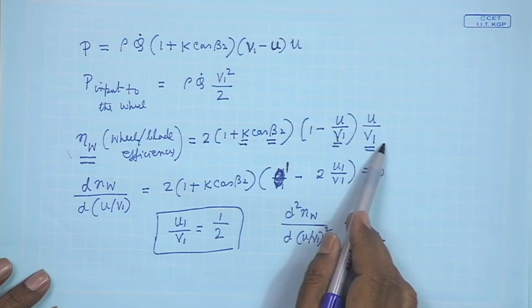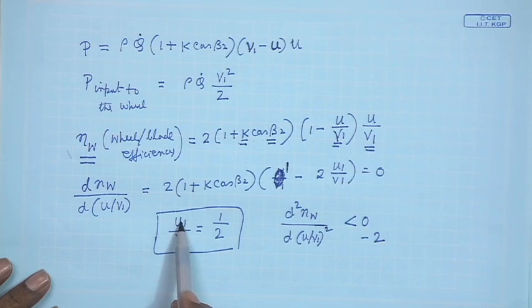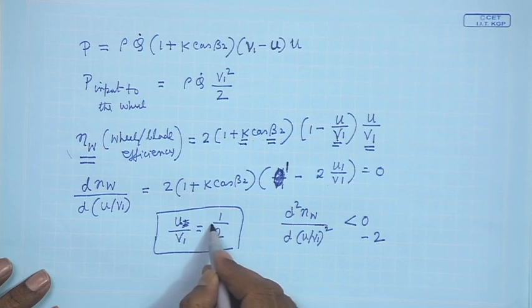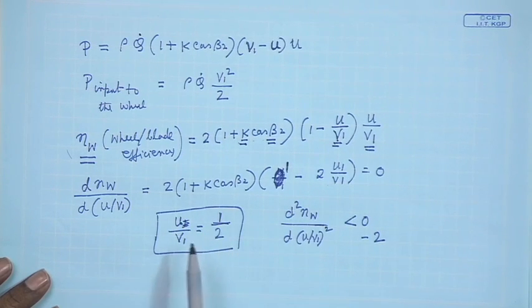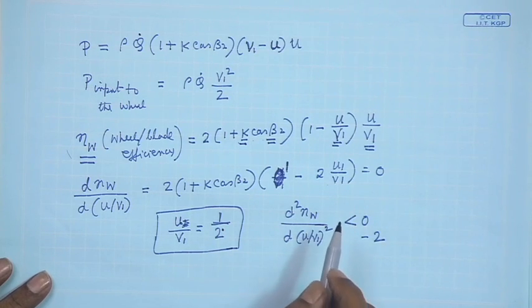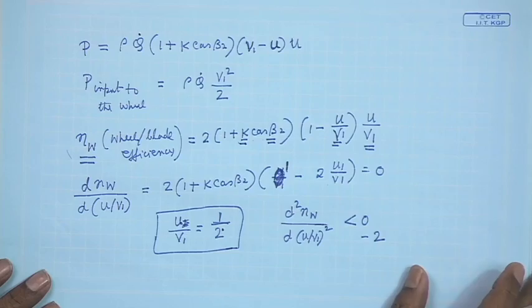This equation has a maximum at u by V 1 equal to half. So, when the ratio of the rotor speed to that of the fluid velocity at inlet is half, then we get the maximum efficiency of the Pelton wheel.